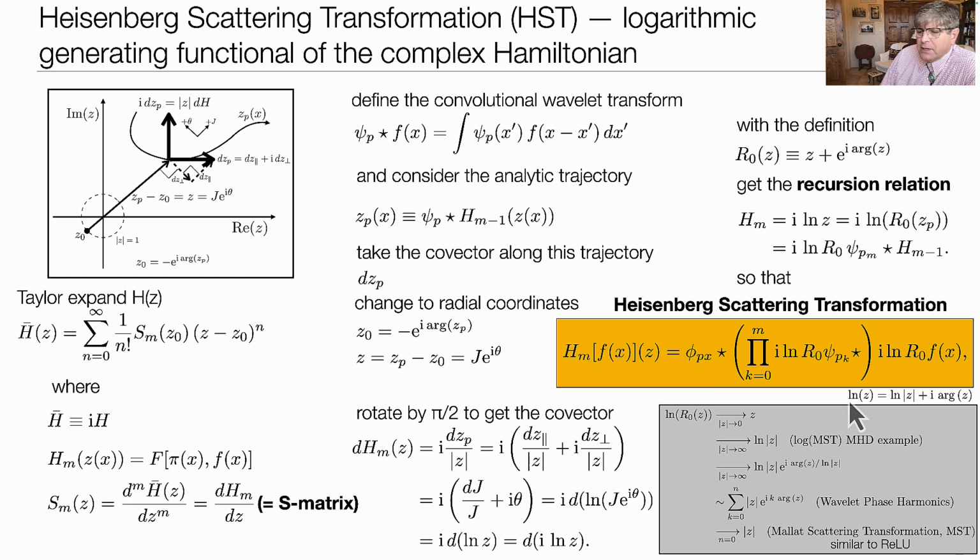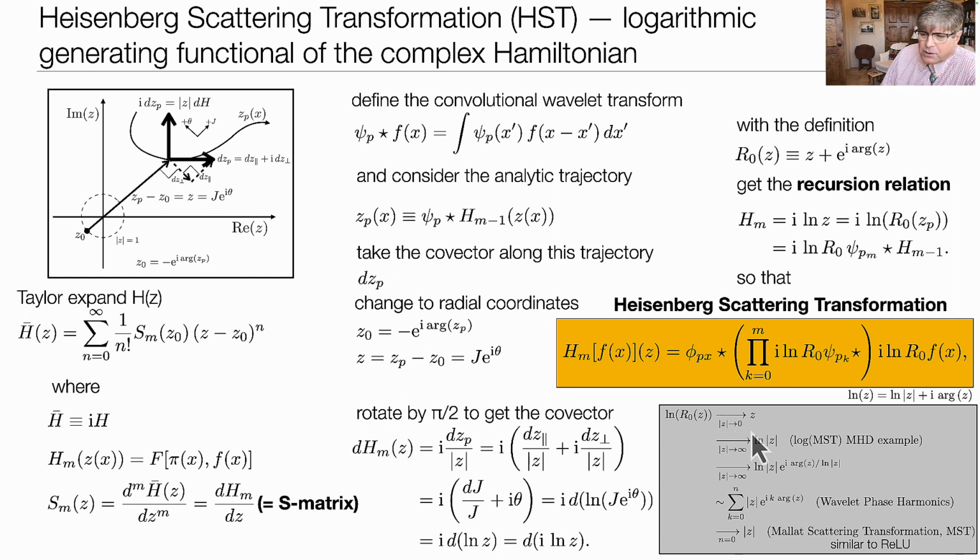Now let's take a quick look at what is the log of a complex number. Well, that's going to be log modulus plus i times the argument, or angle, of z. Now, using this, let's take a look at what this function log R naught is.